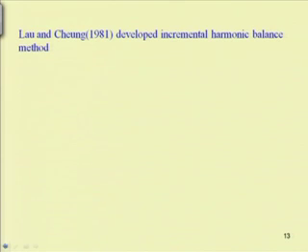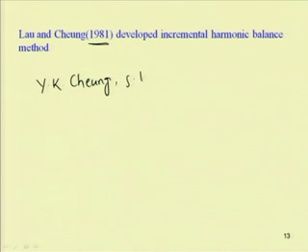so the first paper is by Liu and Chang, which was published in 1981, already I told. So, the other paper one can check is by YK Cheung and SH Chen and SL Lau.